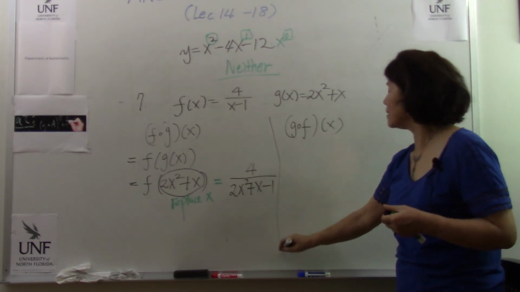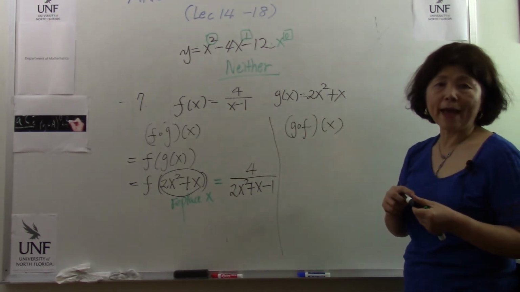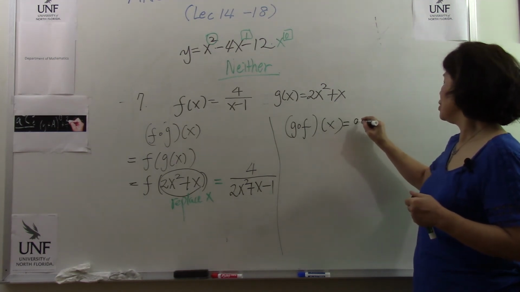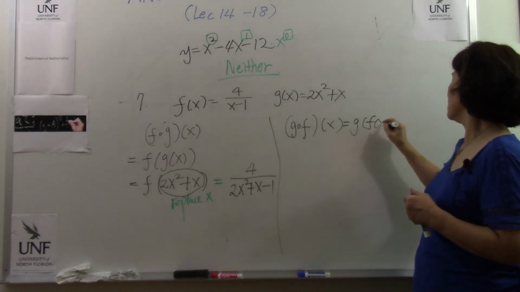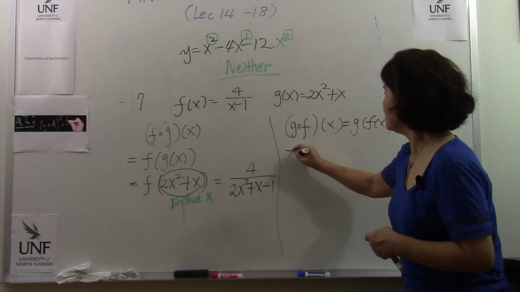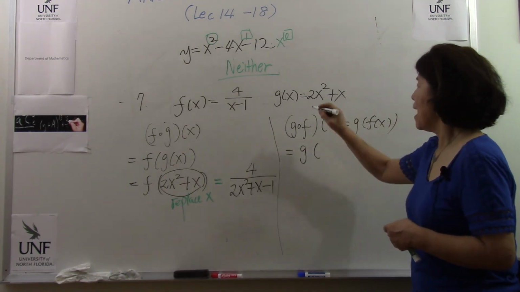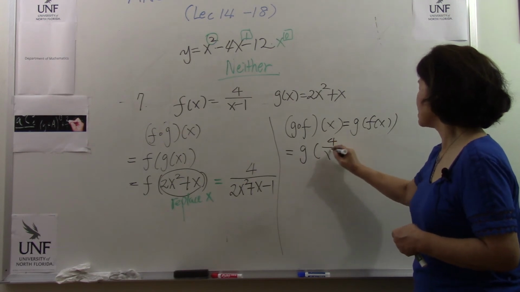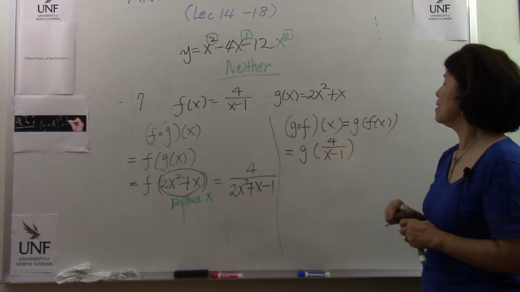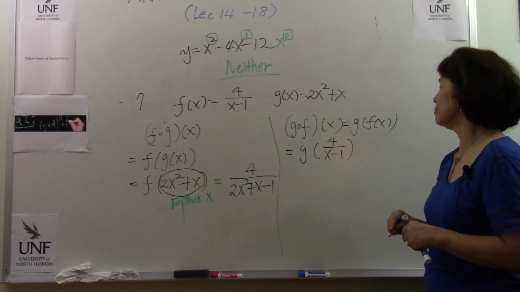On the other hand, g circle f of x. This time you have g of f of x. So the function f goes inside g over here, so that is g of 4 over x minus 1. Now look at this. What does the function g do?